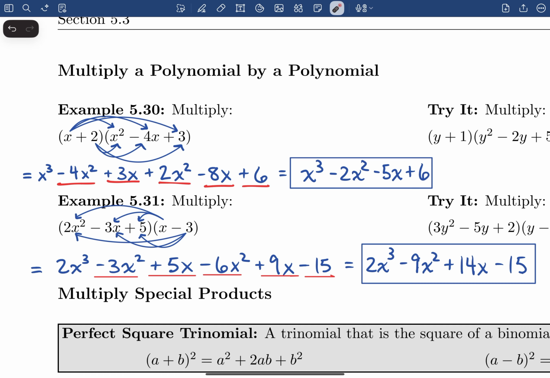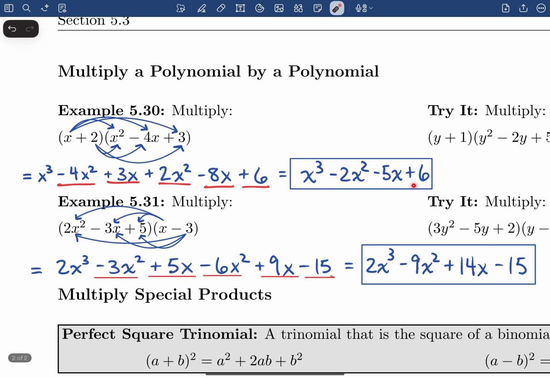This is x cubed, x squared, x to the first, and then constant, which is technically x to the 0. All right? And so this is the order with which a polynomial should be written as a final result. It's organized and it helps us see key details that are important as we then address future things about polynomials.